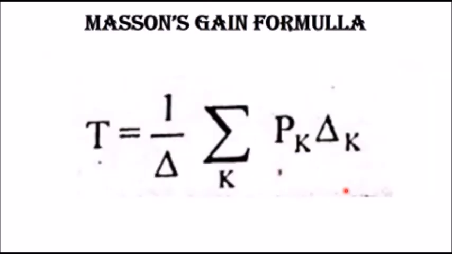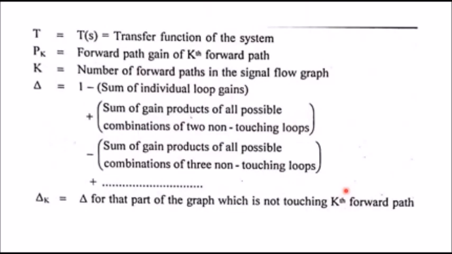Then, as Mason created this graph, this is called Mason's gain formula, which is nothing but a transfer function, T of s or T, equal to the reciprocal of delta, summation over k of pk into delta k. What is T?